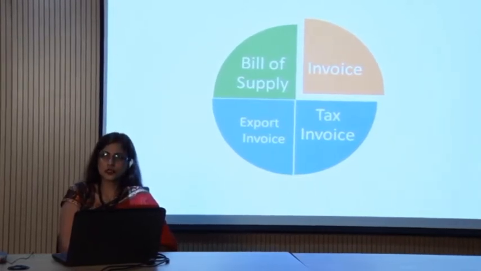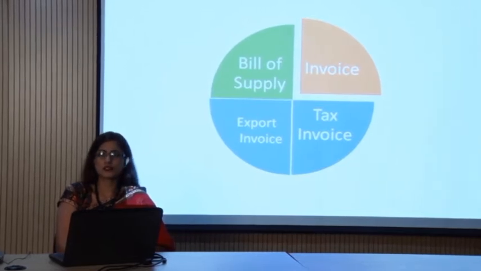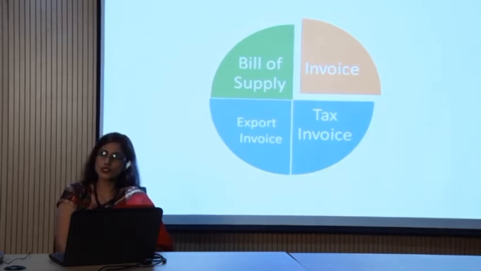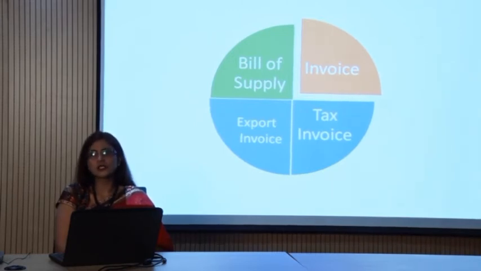Another word used under this regime is bill of supply. You will issue a bill of supply when you are a composition dealer. At that time you are supposed to issue the bill of supply and not a tax invoice, because you are not collecting tax from the ultimate consumer.